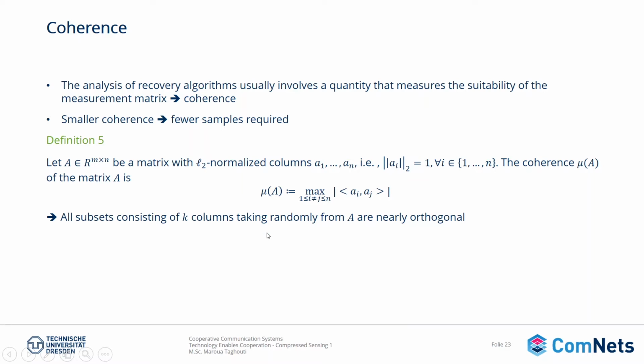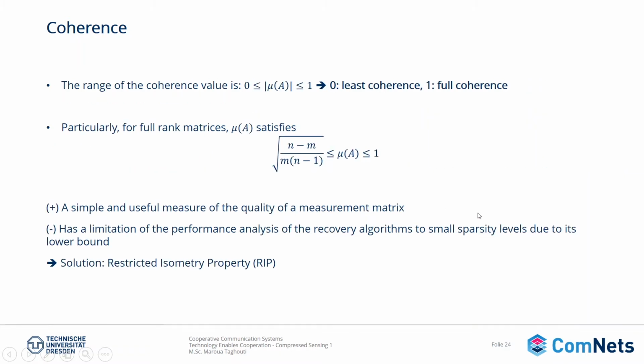And all subsets that consist of k columns, taken randomly from A, are nearly orthogonal. So if what I'm having is nearly orthogonal, then we can say that our matrix is good for compressed sensing. So what could be the value of the coherence?